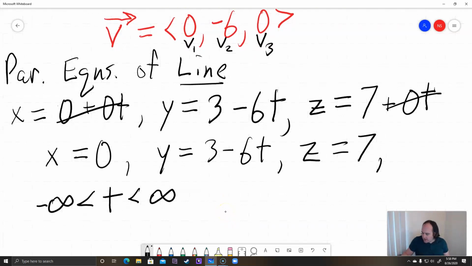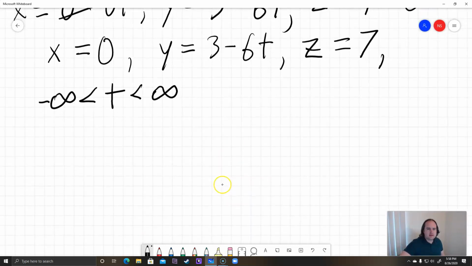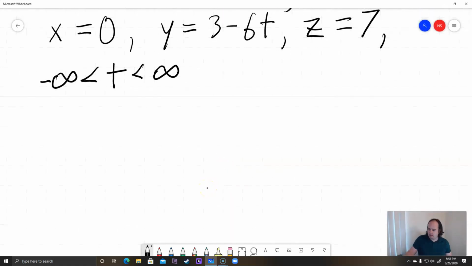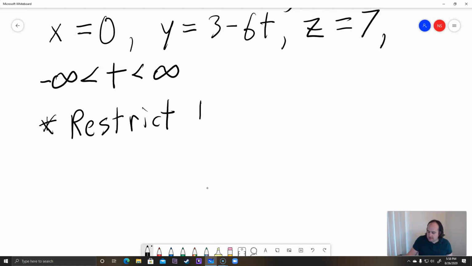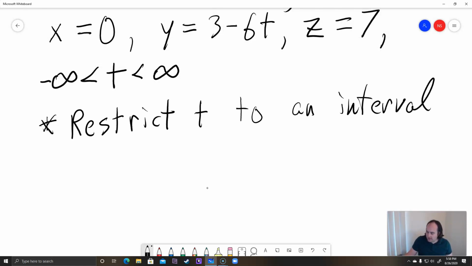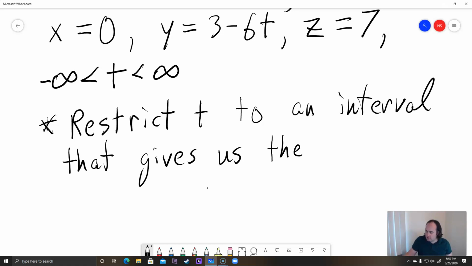Okay, but we actually want a line segment. We want a line segment, not a line. We have to restrict t to an interval that gives us this line segment. So that gives us the line segment that we want.